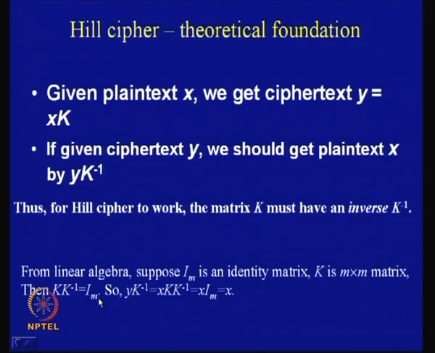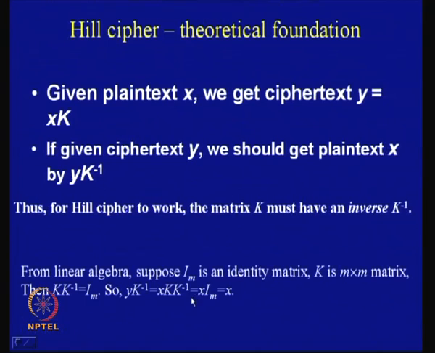If there is a k inverse such that k times k inverse gives the identity, then y multiplied by k inverse is xk times k inverse. Since k times k inverse is Im, x times Im is nothing but x. Therefore you obtain back the plain text x.